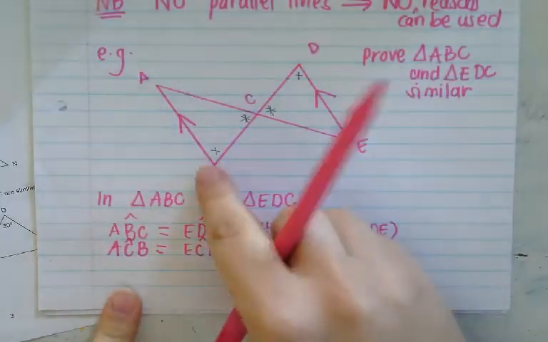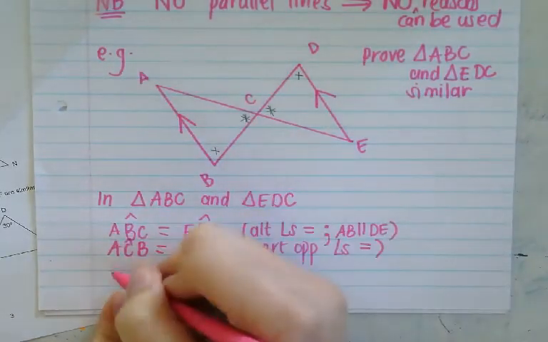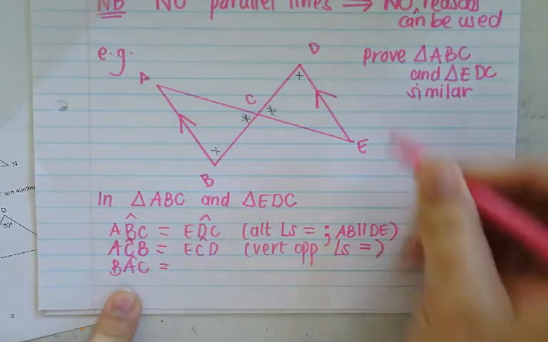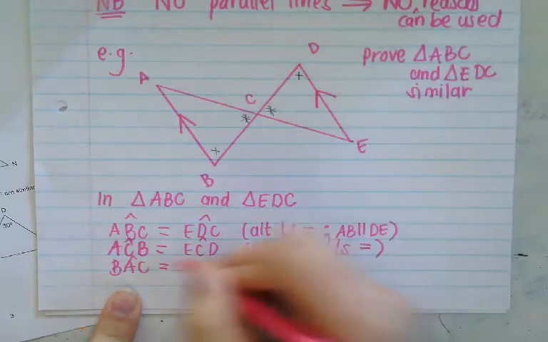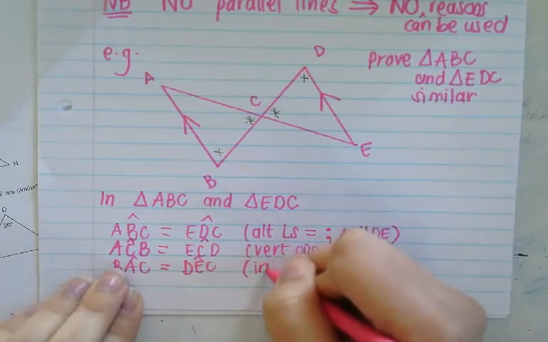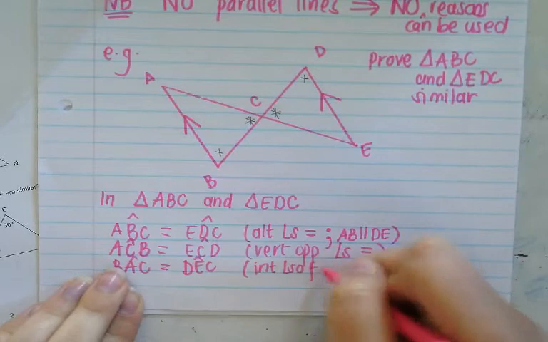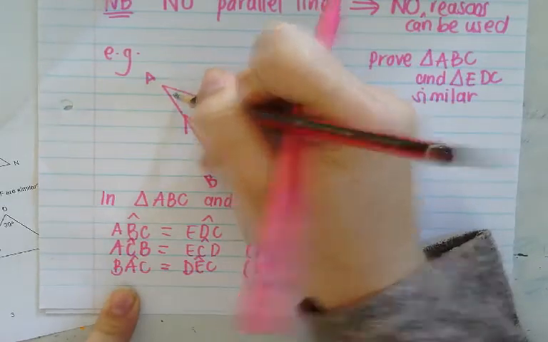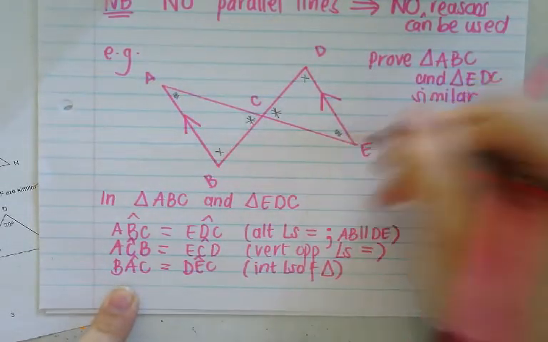So we would say BAC is equal to DEC, and you can use interior angles of triangle, or you can use third angle of triangle. So now we've also proven that this angle is equal to that angle.